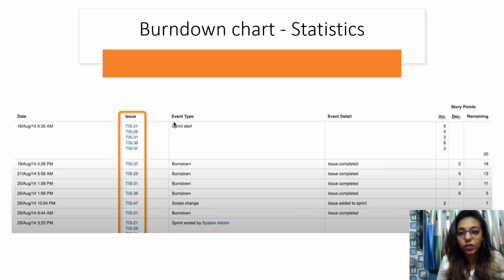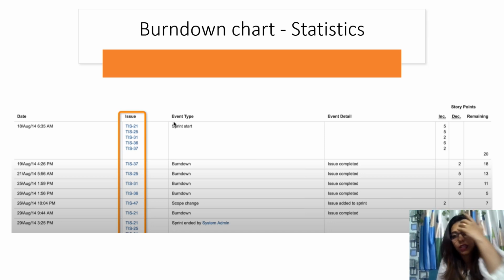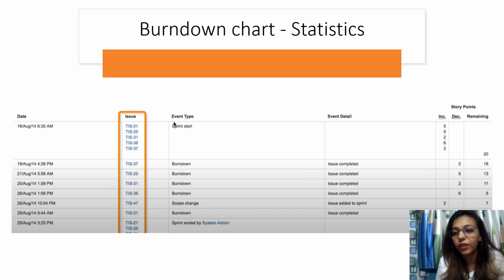There are burn down statistics also which are available below. It says date wise, you have the issues which are taken in the start of the sprint, okay, and these are the story points: incremented story points, decreased story points, and the remaining story points. So here, in this sprint, these story points are remaining, because we are not able to complete it.